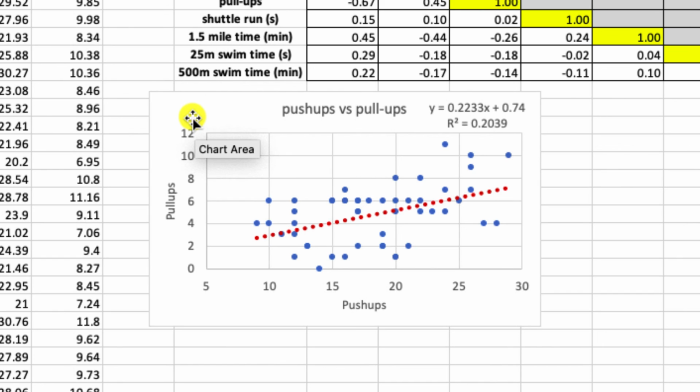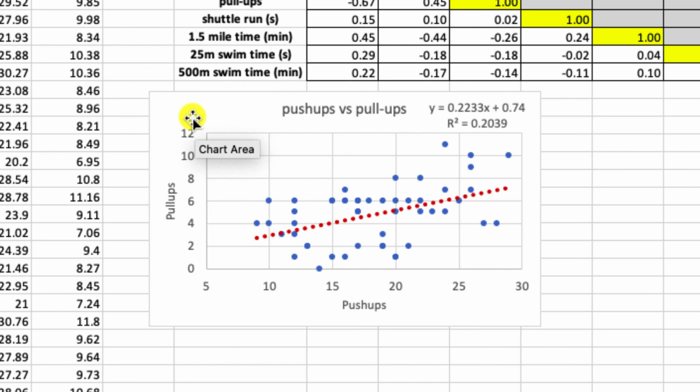This logically could make sense because both of these exercises are based on upper body strength and endurance, right? So if you can do a lot of push-ups because you have strong pecs and triceps, that could also translate to pull-ups even though different muscle groups are used. Generally speaking, we're still looking at the upper body strength and endurance.